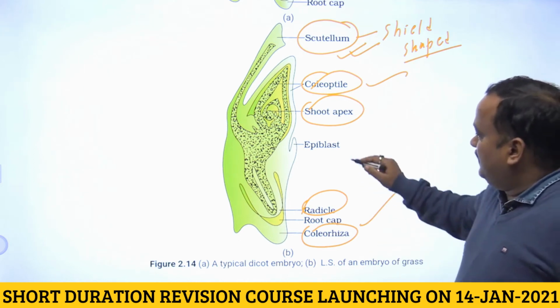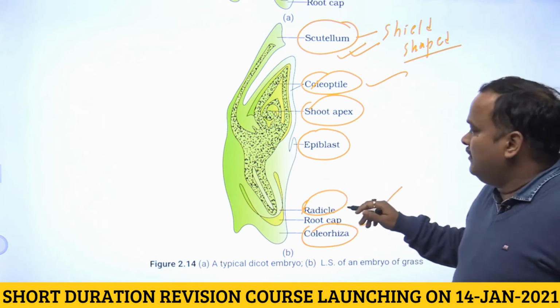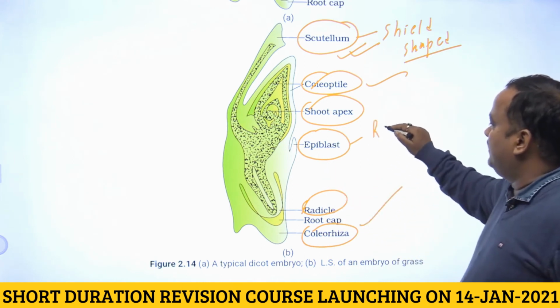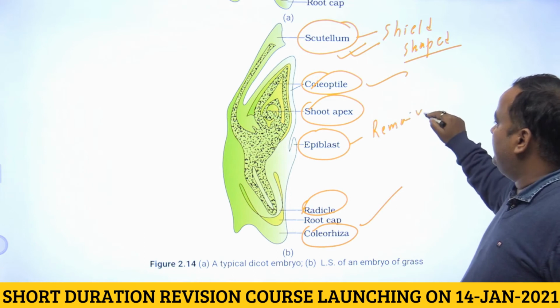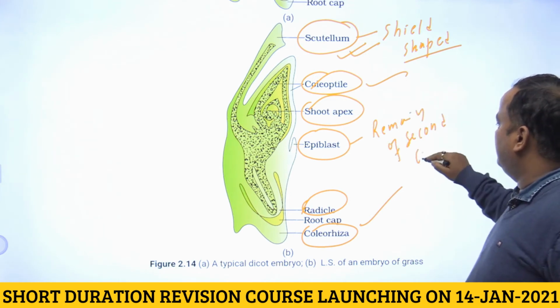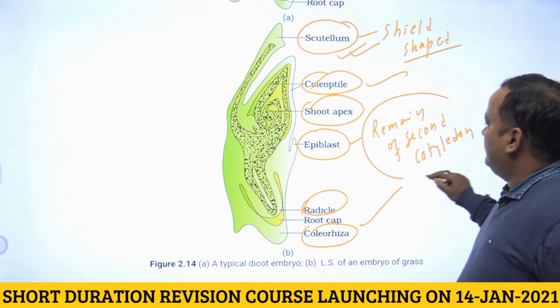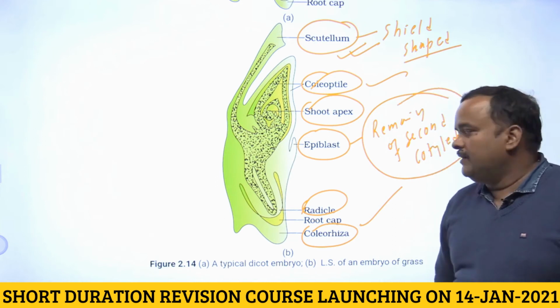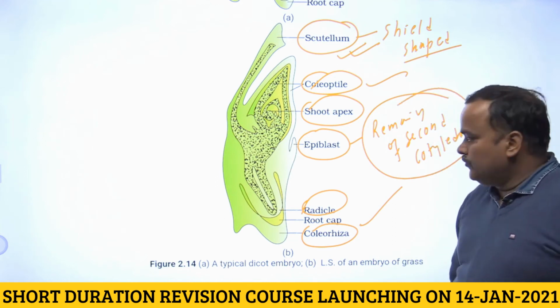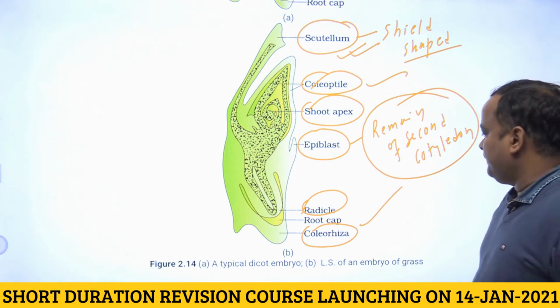Then in case of grasses, there is a structure, this question has been asked, which is a remnant of second cotyledon, and that is referred as epiblast. So this is structure of monocot embryo.